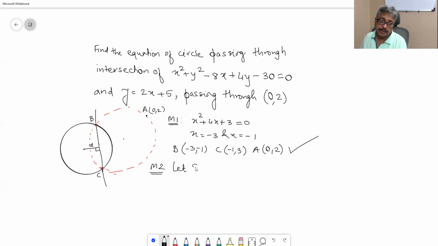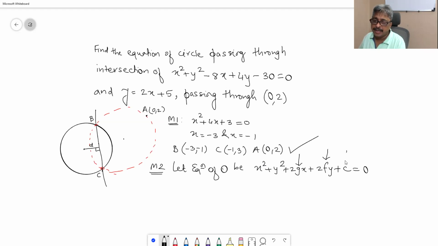Let the equation of the circle be x² + y² + 2gx + 2fy + c = 0. If we could find g, f and c, our job is done. Is point A on this circle? Yes. Put x = 0, y = 2, and you will get one equation in g, f, c.